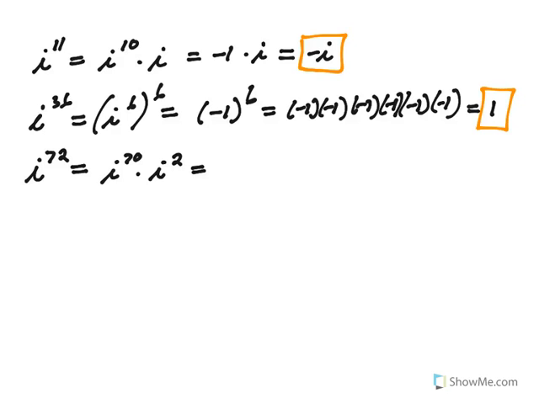You can break i to the 70th power into i to the 10th raised to the 7th power times i squared. i squared stays the same for now. And then i to the 10th from your previous table can be replaced with negative 1. So you can replace i to the 10th with negative 1 raised to the 7th power. Okay?